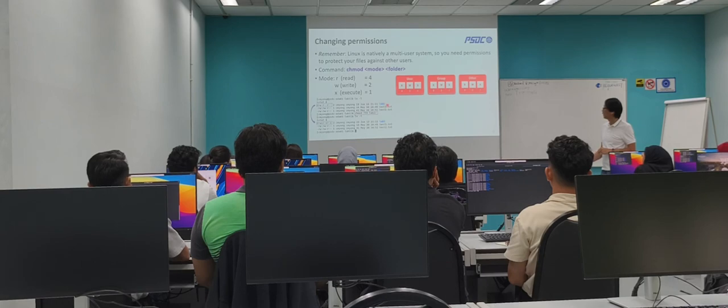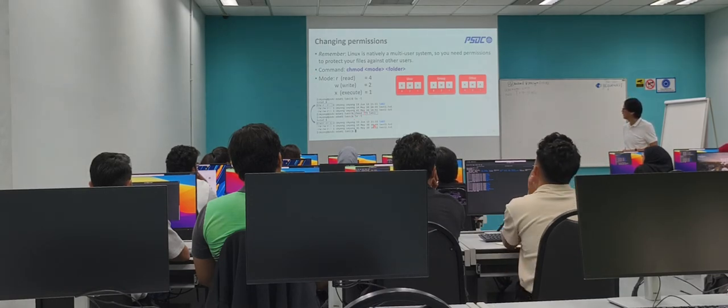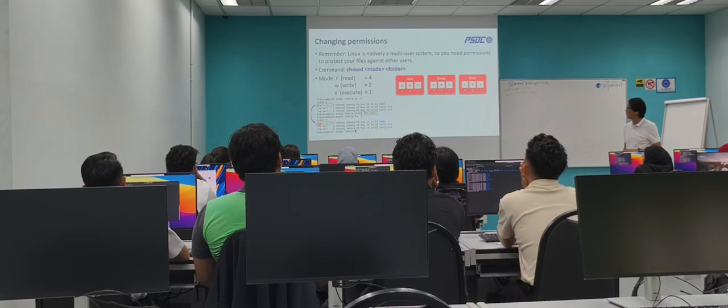Let's say it's 644. Now I change it to 755. 7 is what? 111. 5 is 101. Then you see after I change and list it out, it becomes 7, 101, 101.